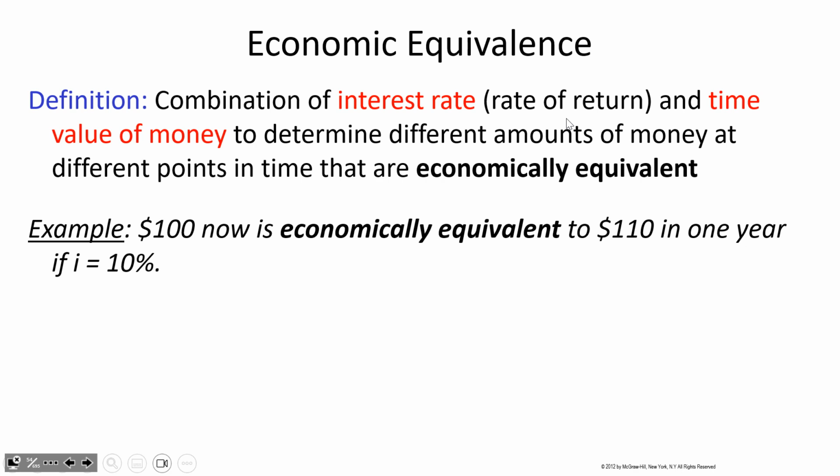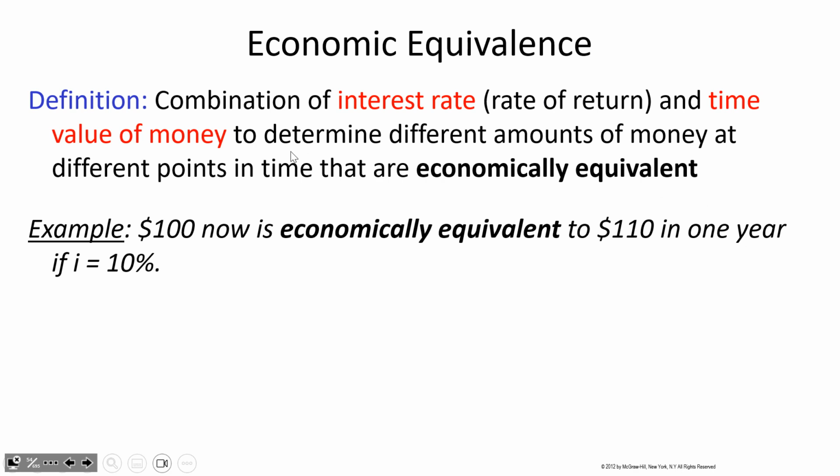They're not numerically equivalent. I'm not saying that 100 equals 110. Obviously, those are two distinct values, but they're economically equivalent because in 1 year, $110 would purchase the same amount of things if I is referring to the inflation rate, meaning the cost of goods.